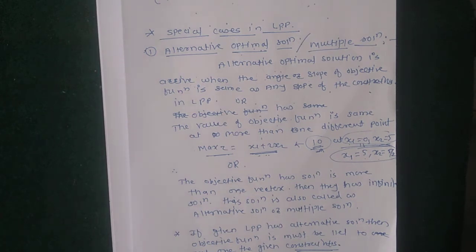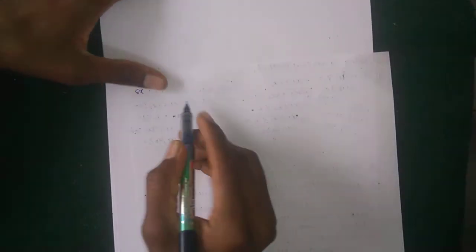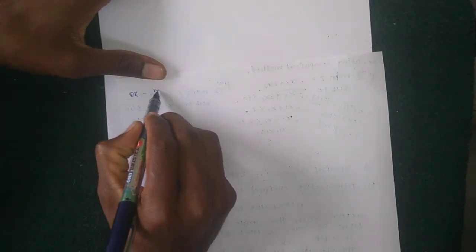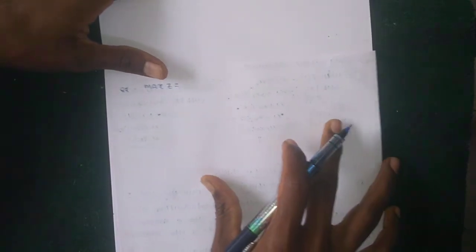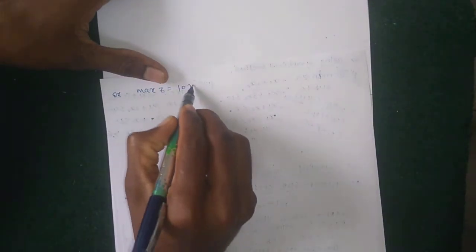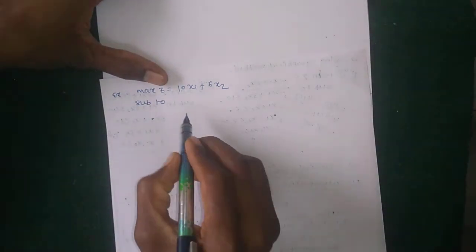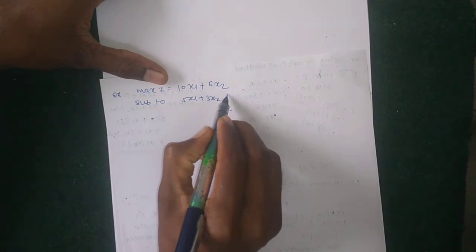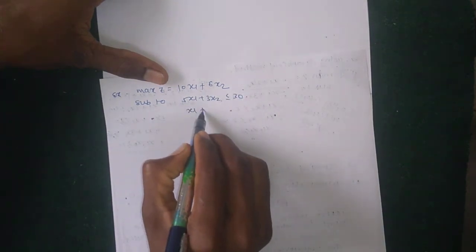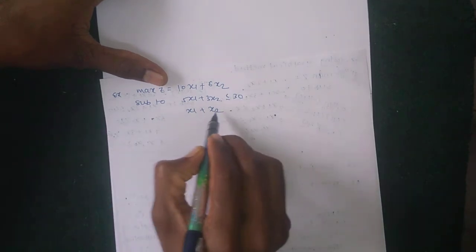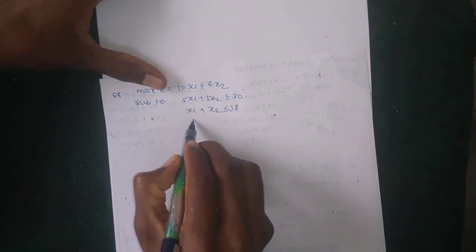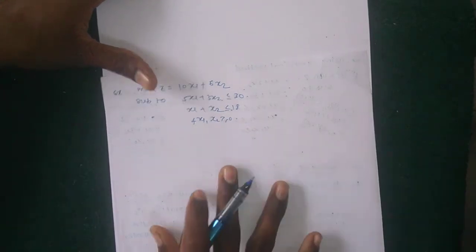Suppose maximize z = 10x1 + 6x2 subject to 5x1 + 3x2 ≤ 30, x1 + x2 ≤ 18, and x1, x2 ≥ 0.